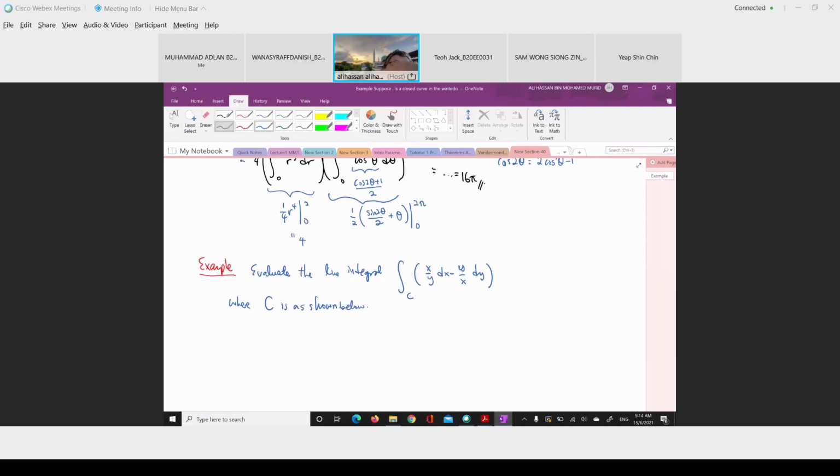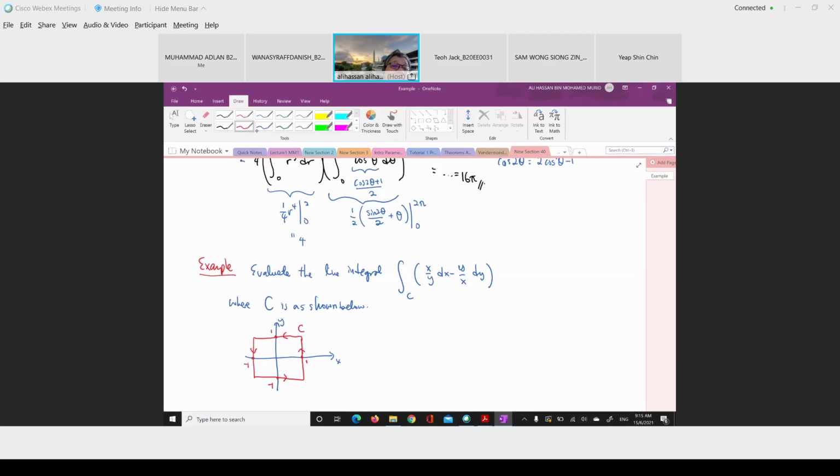We have the x-axis, the y-axis, and C is a rectangular boundary with corners at 1, -1, 1, and -1, in a counterclockwise direction.